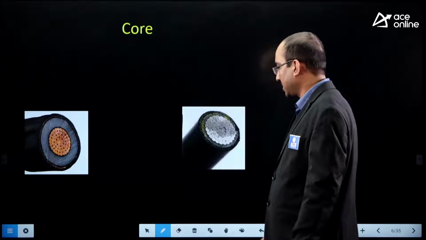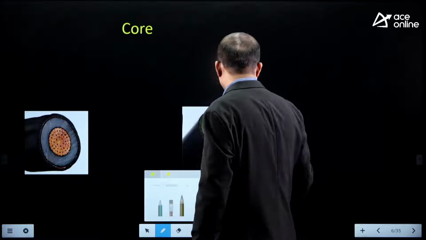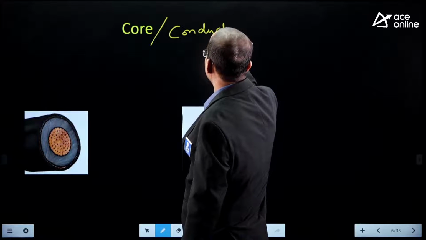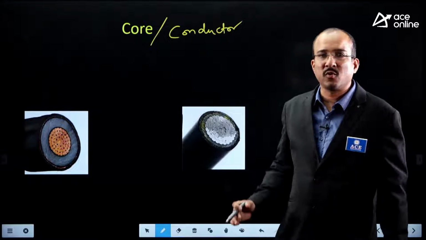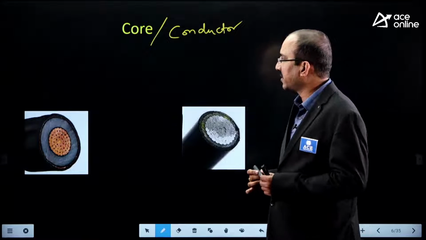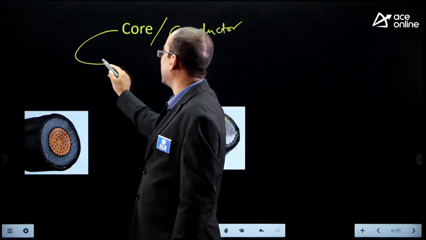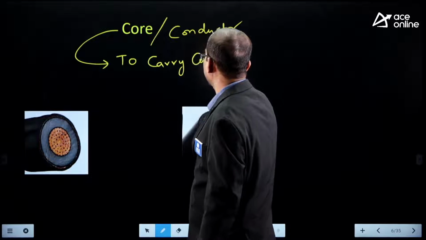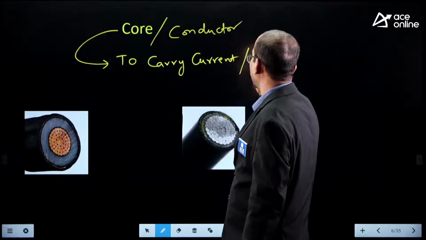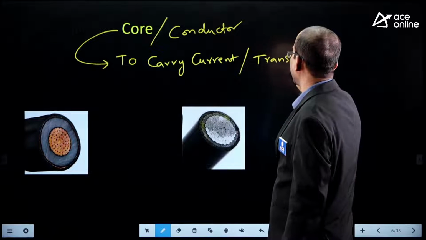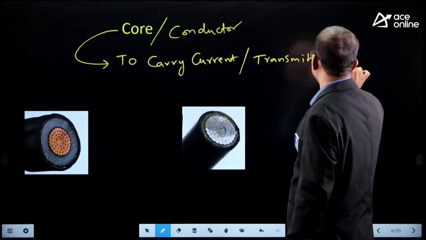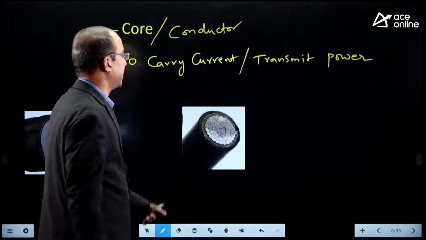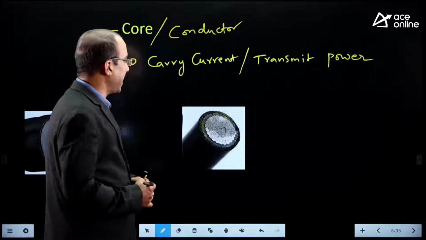Now, if we observe the core, or we can also call it conductor, what is the purpose of the core or conductor in case of underground cable? To transmit the power or to carry the current. To carry the current or to transmit the power, the core or conductor is required.